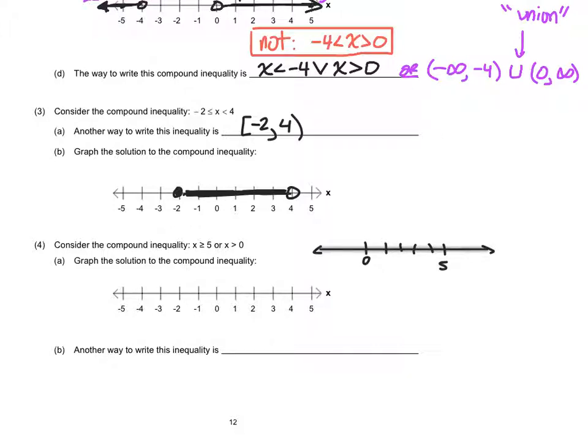All right, so greater than or equal to 5, so closed circle on the 5. That would be going to the right. Greater than 0. That's also going to the right. That should be an open circle, but the way I graphed it, it looks like it's closed.